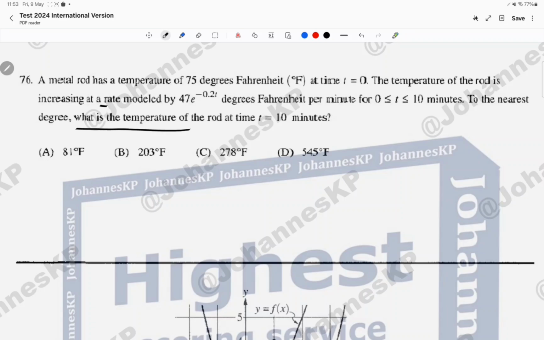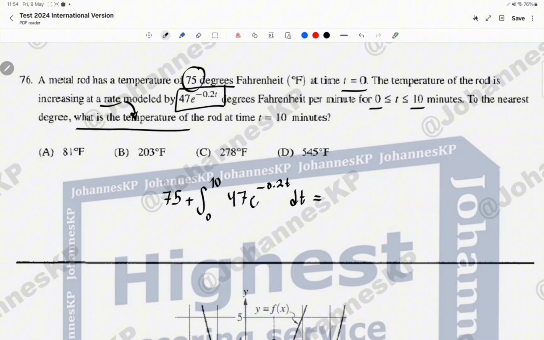So to go from rate to temperature, you have to integrate. So we start with 75. That's the original temperature when the time is 0, plus the integral from 0 to 10. Integrate what? Integrate the rate. So 47e to the minus 0.2t dt.